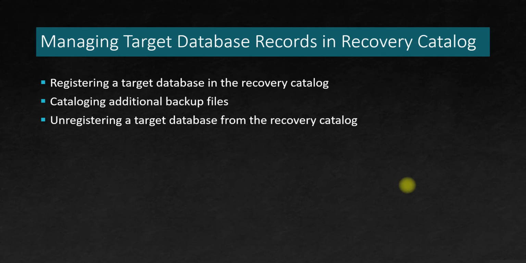How do you locate that file and add it to the recovery catalog so that the recovery catalog knows that this file exists? Otherwise how would it know? Now in future if you are decommissioning a database, you want to unregister the target database from the recovery catalog, how to do that? These are the questions which need to be answered. So let's move forward and see how it's done.